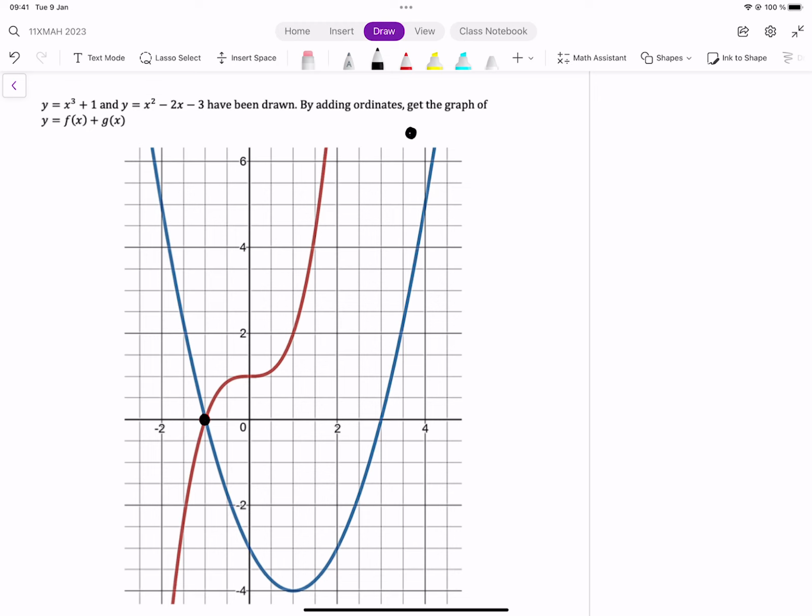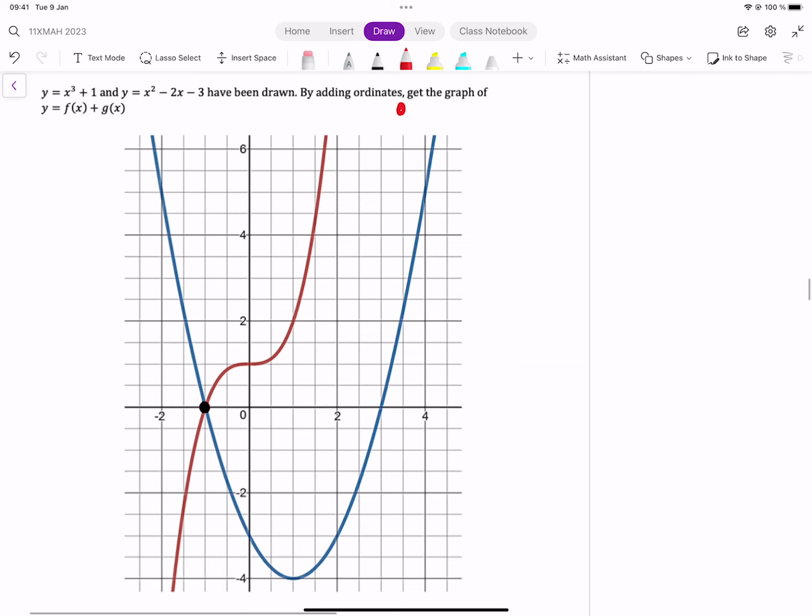I might say that again. So the blue graph exists down here, but my red graph exists up here. The blue graph has a y value of 0, and the red graph at that point might have a y value of 100. 0 plus 100 is 100, so my graph at this point is going to exist up here. Probably even further up, but it's going to exist up there.